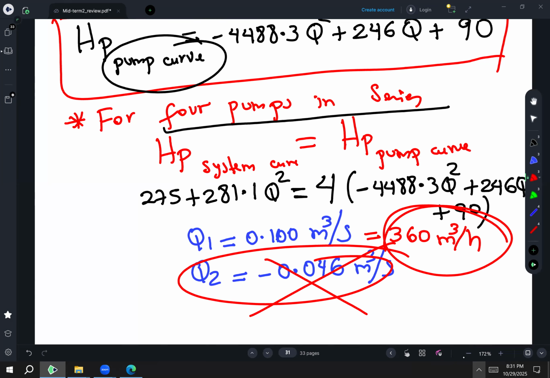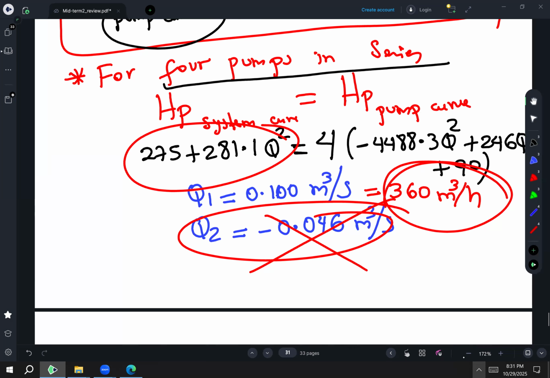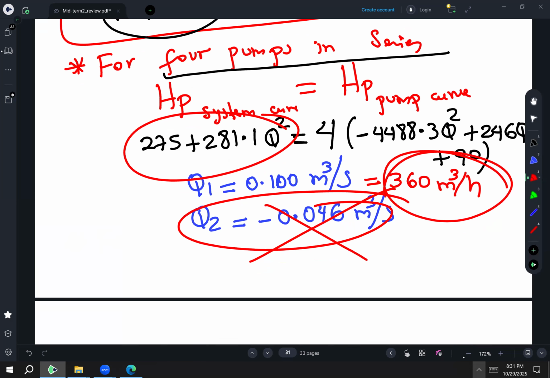So now, if we want to get the head, then we can plug the values in the system curve, or in the pump curve, right? So to get HP, the formula is 275 plus 281.1 times Q squared, but Q is equal to 0.1, right?